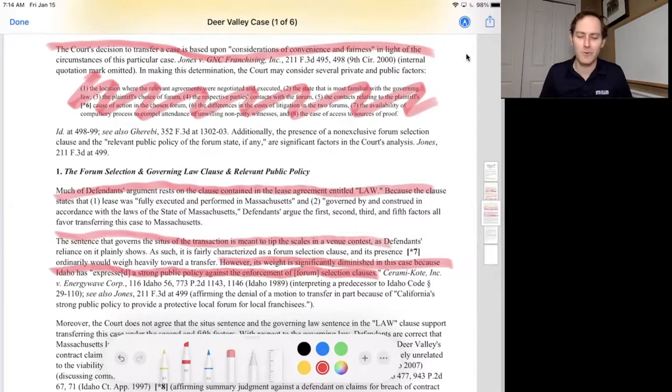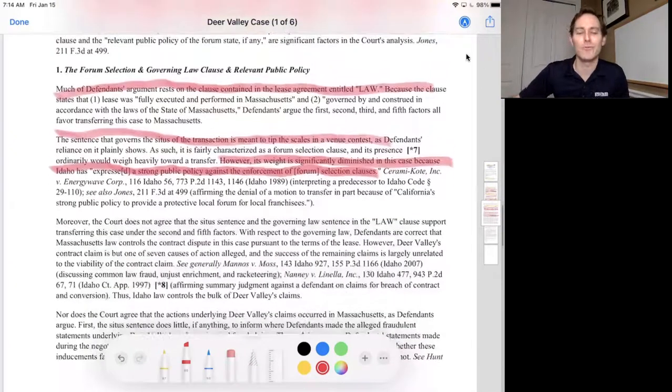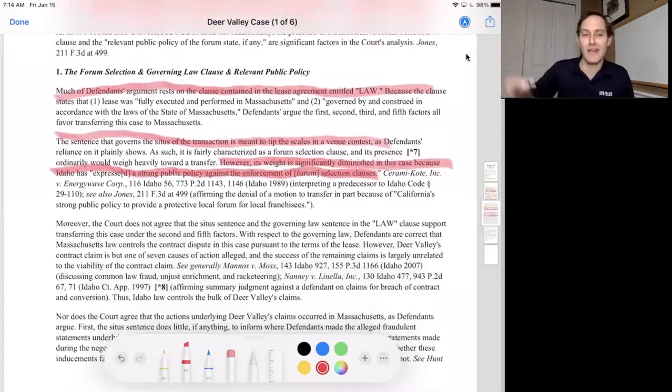And we're just as familiar with that as Massachusetts is, is his reasoning there. And number 5, the contacts relating to the plaintiff's cause of action in the chosen forum, meaning the people that are involved in this case, they're in Idaho too. So Judge Windmill's going to say those two aren't really going to weigh in favor of the defendant as much as the defendants wish that it did. Oh, I love this. Okay.